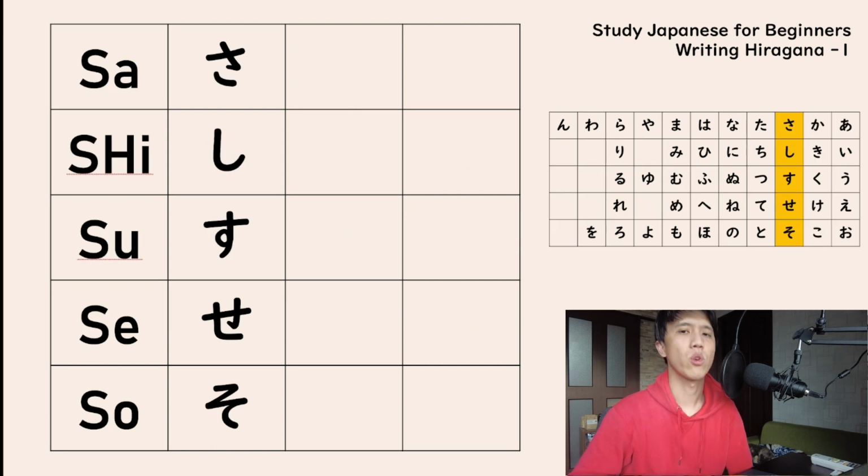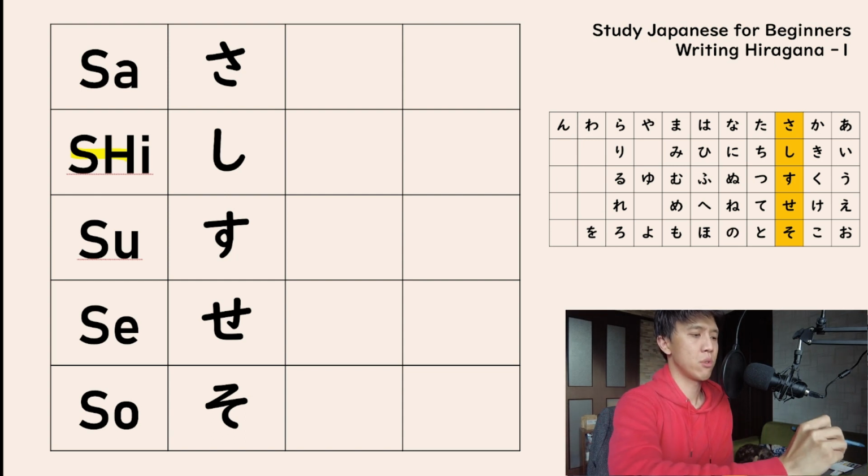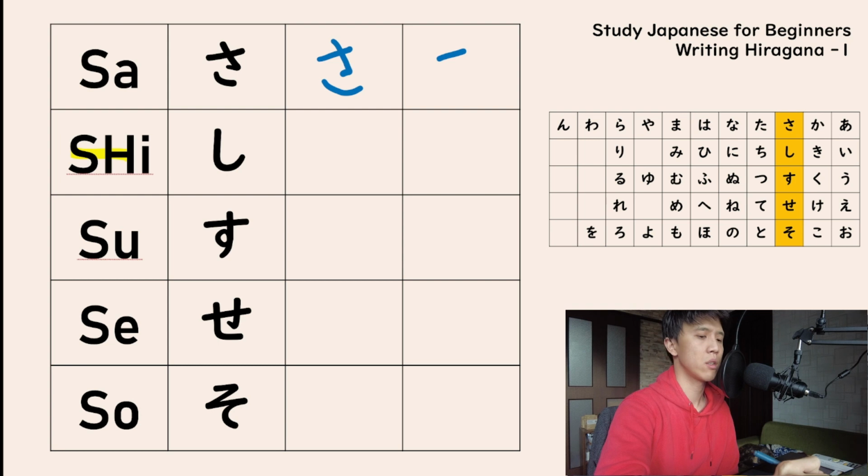Next one, we go to sa. Sa, shi, su, se, so. Pay attention that we have sa, not si, but shi. So you have to pay attention to the pronunciation, okay? Sa, shi, su, se, so. So we start with sa. 1, 2, 3. Okay?